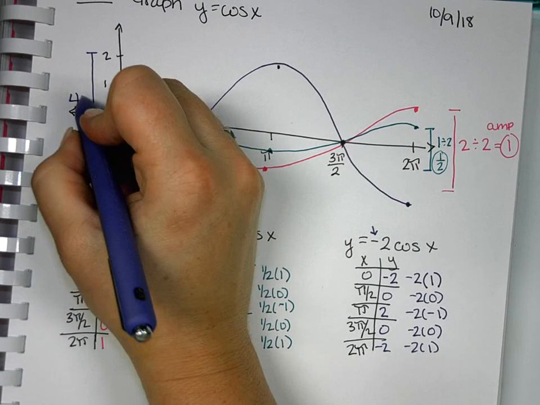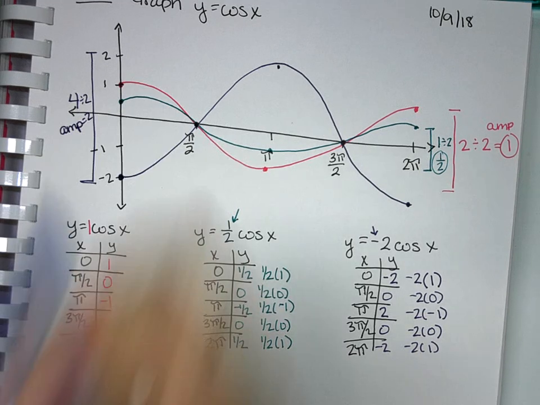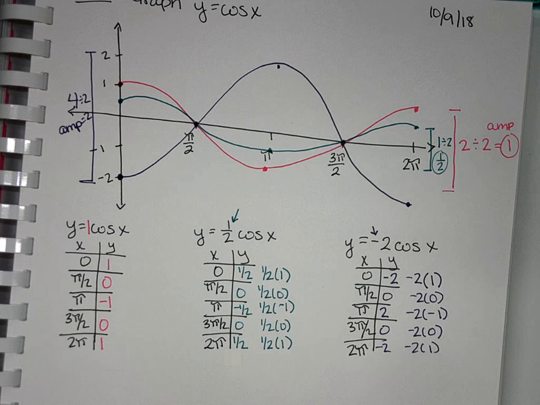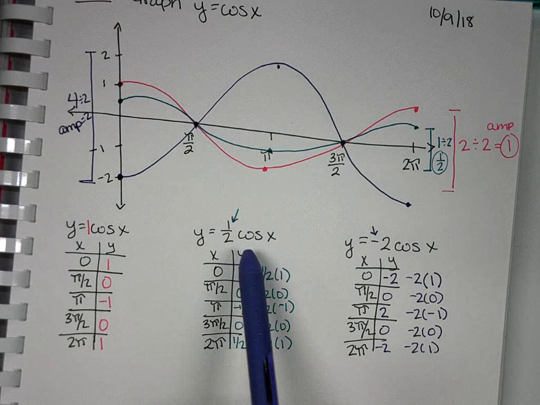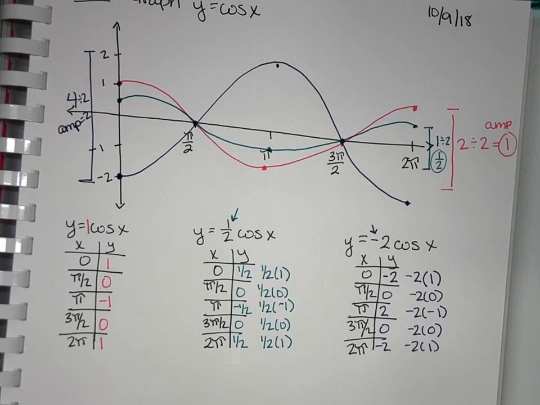So when we divide that in half, our amplitude is 2. So that's why it goes higher and lower than the other two. So again, one of the things that you want to look for is your amplitude as well as your reflections. So this is very similar to the sine graphs. We're just going to be adding in that negative piece.